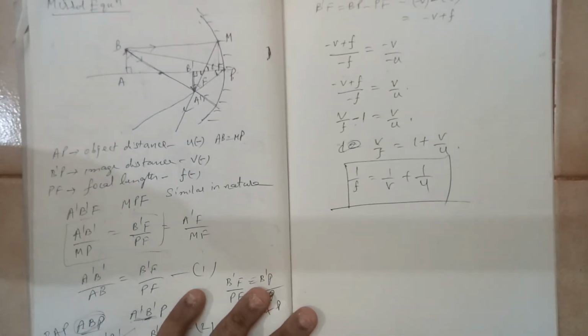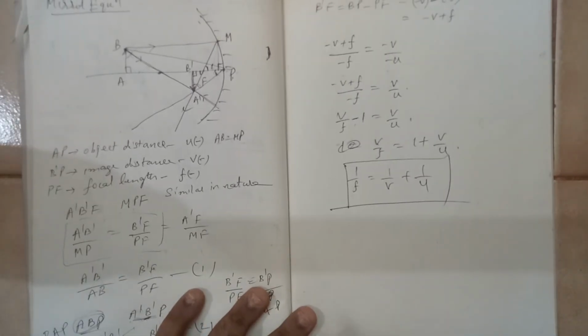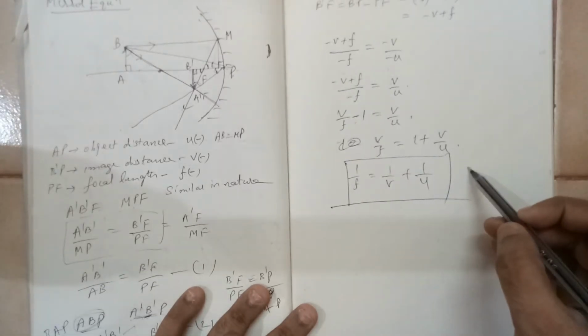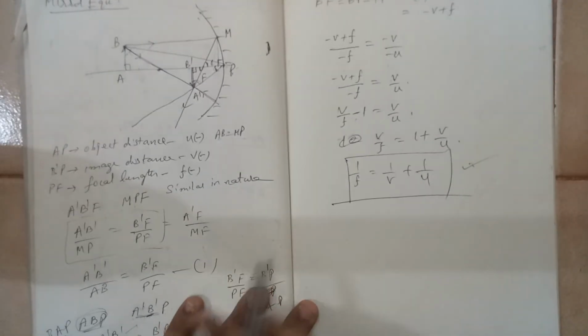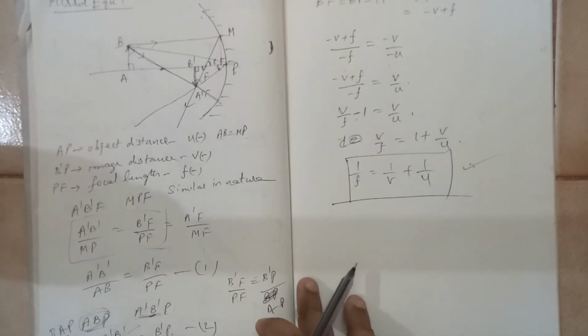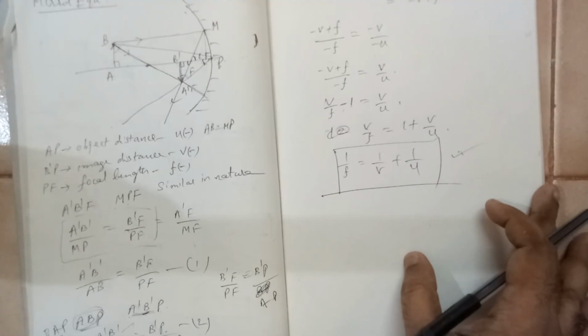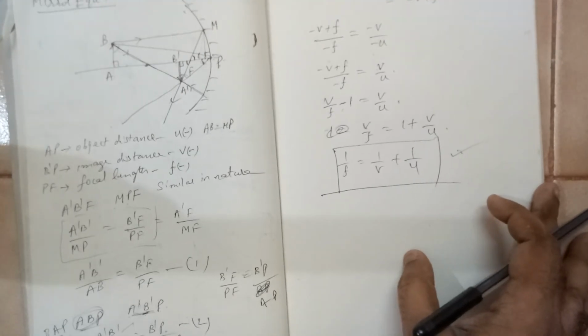You have to note a very important point, that you have to take the sign conventions very correctly whenever you use this equation, because we have derived this equation after using our sign conventions. This is the mirror equation for concave, and for convex also you will derive the same equation. So this is one part.